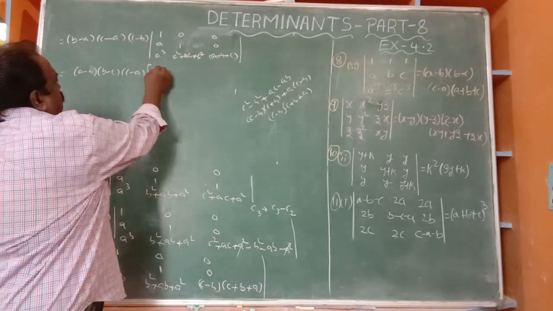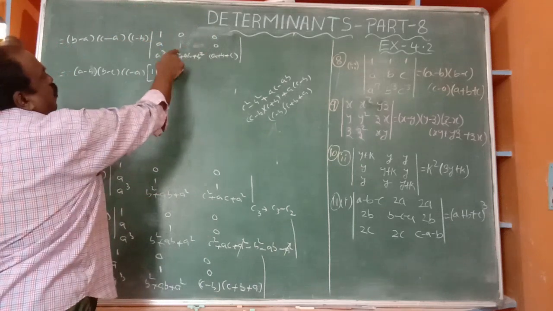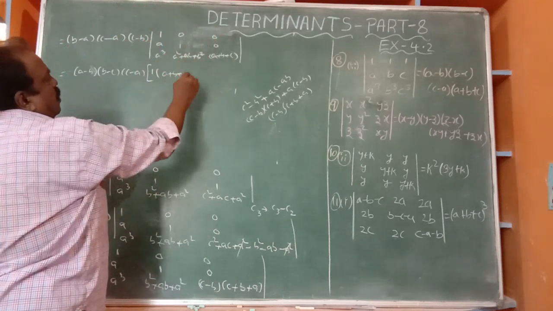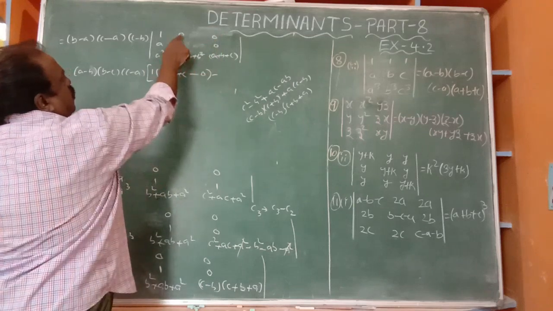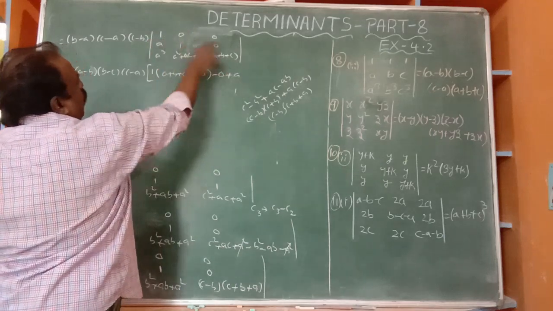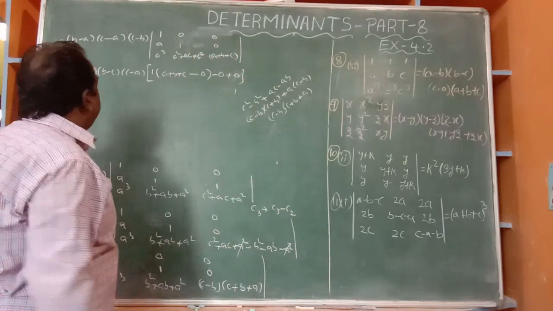1 of, deleting row and column, 1 of 1 into a plus b plus c. Minus 0 into anything is 0. Minus 0 into anything is 0. Again plus 0. Plus 0 into anything is 0.